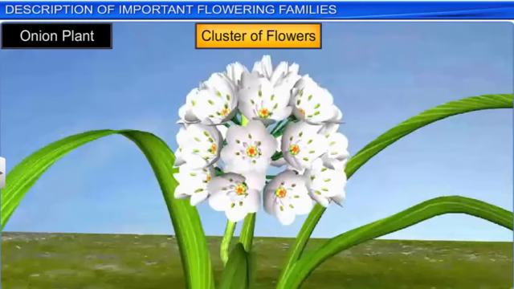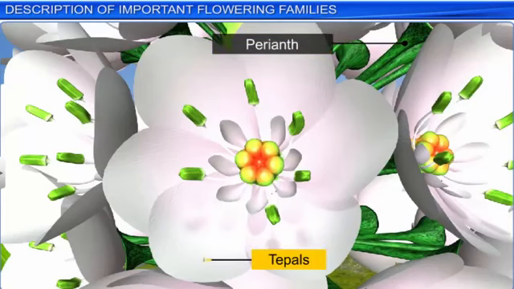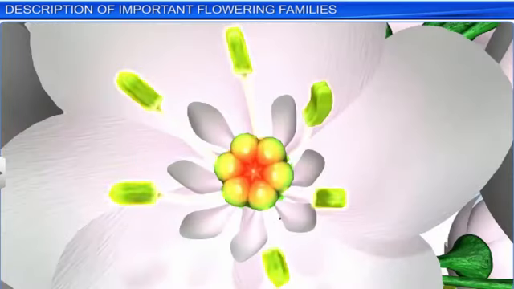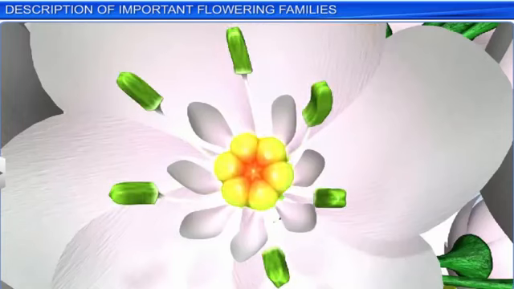In these plants, the calyx and the corolla are fused to form the perianth, which has 6 tepals, usually united into a tube. Also, the perianth has valvate aestivation. In the Liliaceae family, the androecium consists of 6 stamens, and the gynoecium is tricarpellary and syncarpous.